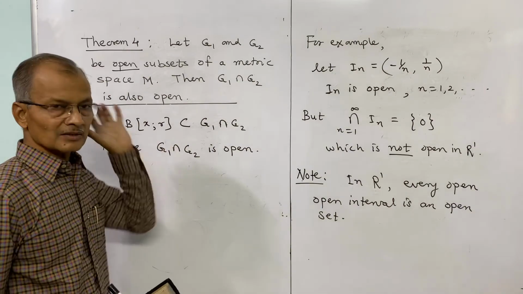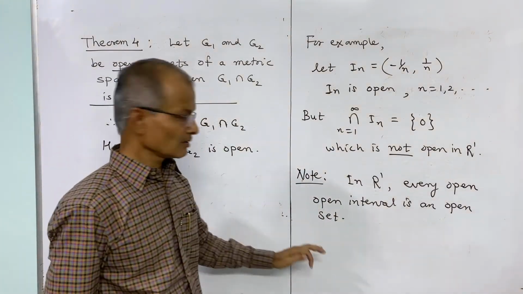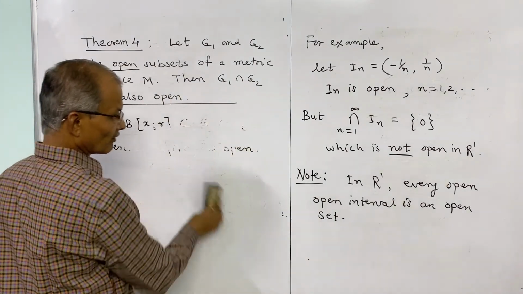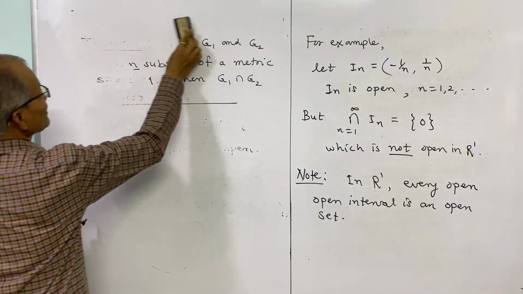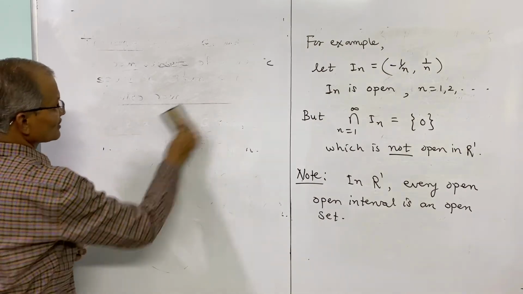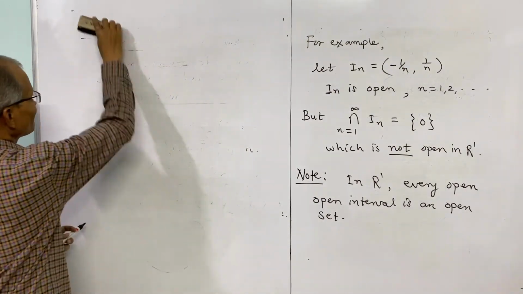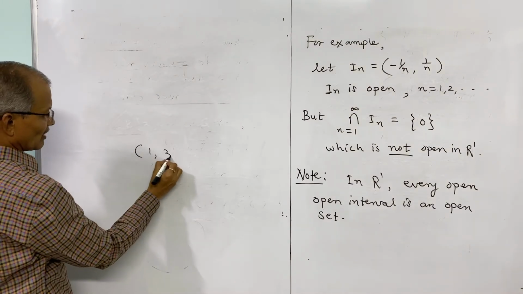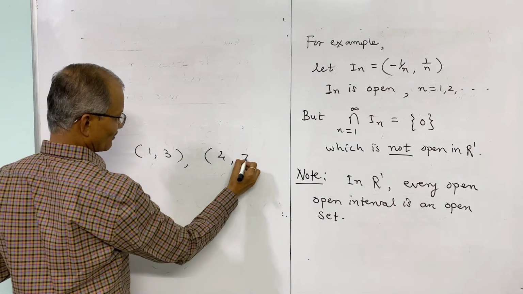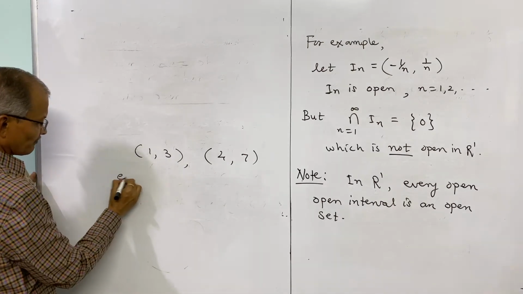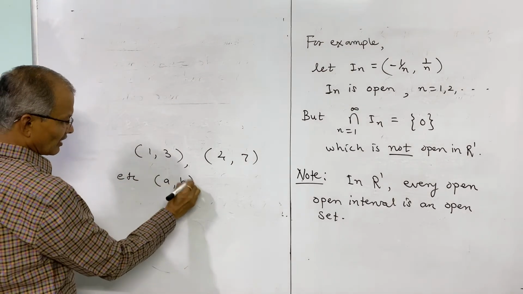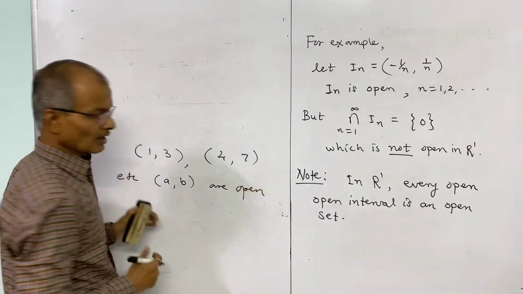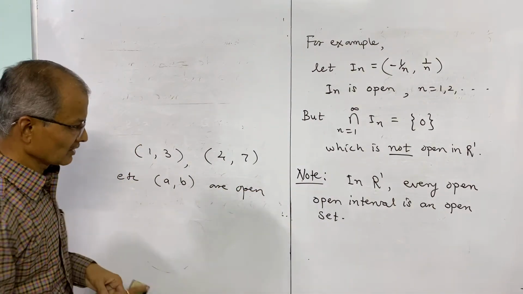Open interval means open ball, and an open ball is an open set, that we have proved. So in real numbers, every open interval is an open set. That means the open interval 1 to 2, or the open interval 1, 3, 4, 7, etc. or in general (a, b) are all open. Open intervals are open balls and they are open sets.